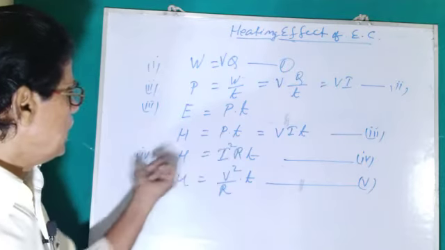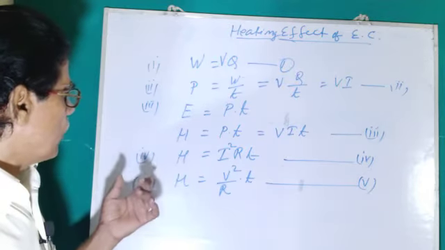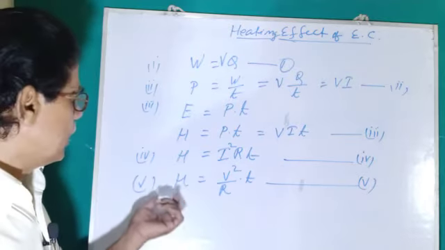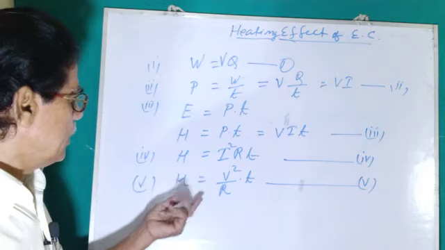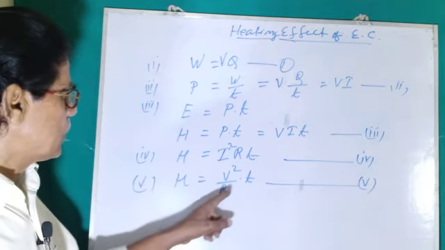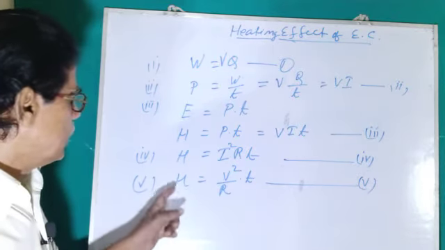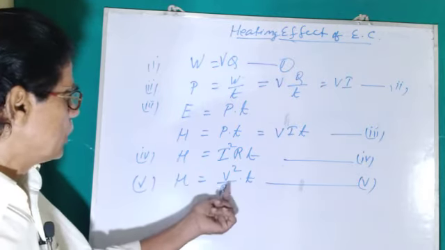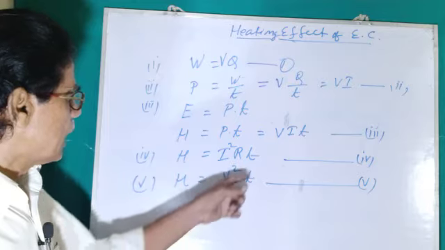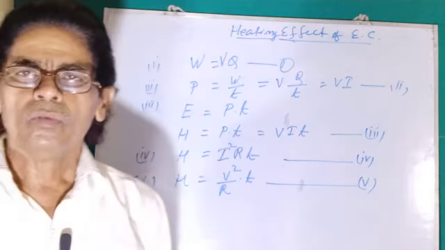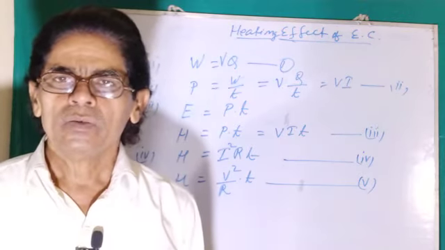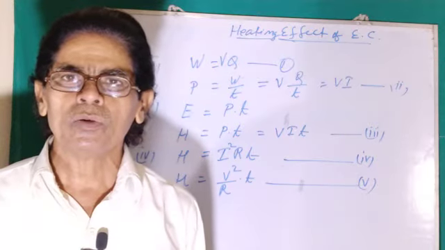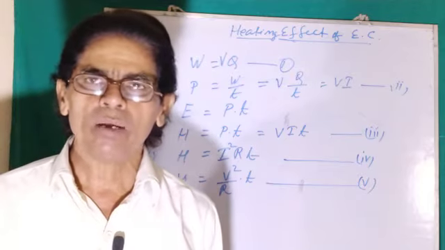So if any three are given, the fourth can be calculated. In the same way, if only potential difference, resistance and time are given, then you can find the amount of heat produced by using the relation V square by R into T. By following these formulas, you will be able to solve the numerical problems.